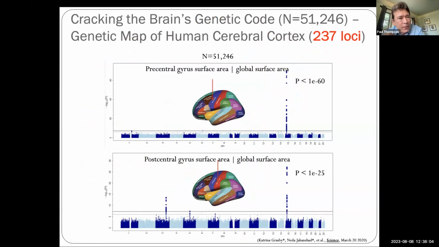Now, one thing that you will want to know is, do any of these GWAS bear any relation to any of the others? So this paper by Katrina Grasby, Neda Jahanshad, ENIGMA, and CHARGE and UK Biobank in Science in 2020 showed that if you steer around the cortex and you ask which variants are associated with, in this case, the surface area of different regions, you get both common and distinct loci, as you'd expect.